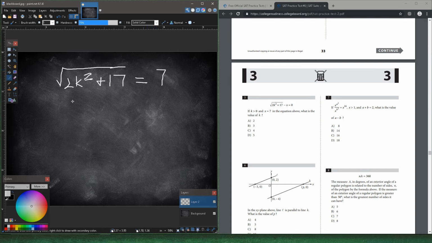So you want to square both sides, so that's 2k squared plus 17 is equal to 49. Now you're going to subtract 17 from both sides, so it equals 49 minus 17, which is 32.